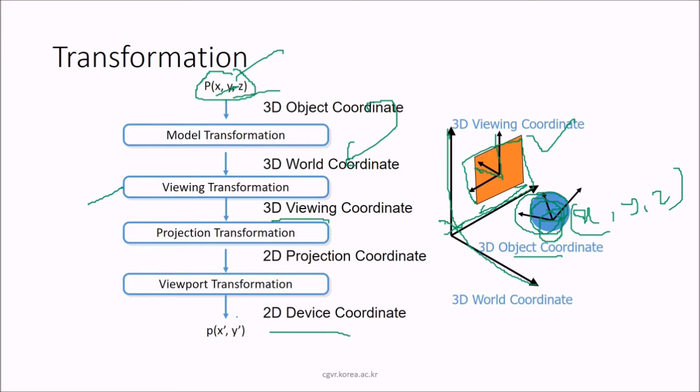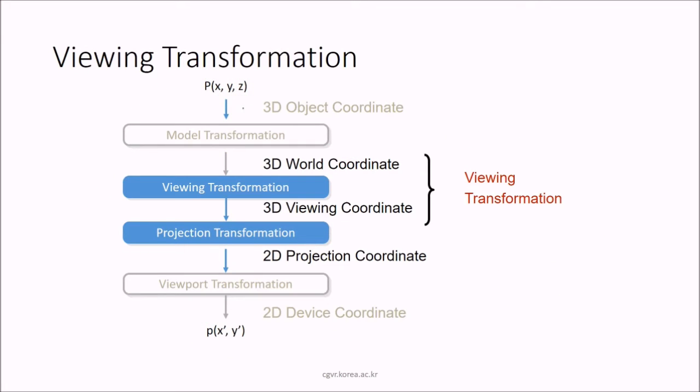For that you need certain transformations. So x, y, z ultimately changes into x dash, y dash. In this, the 3D world coordinate to 3D viewing coordinate is the viewing transformation.